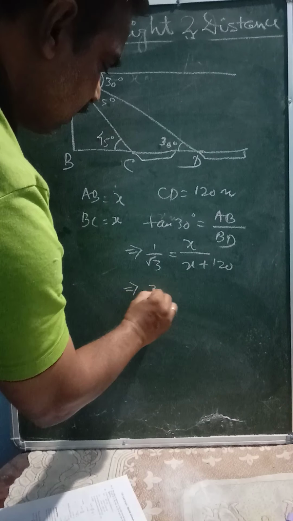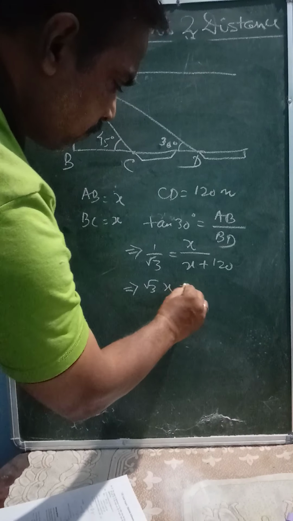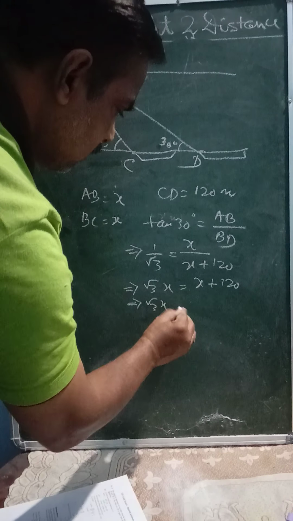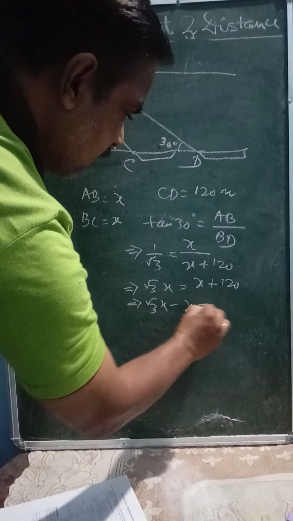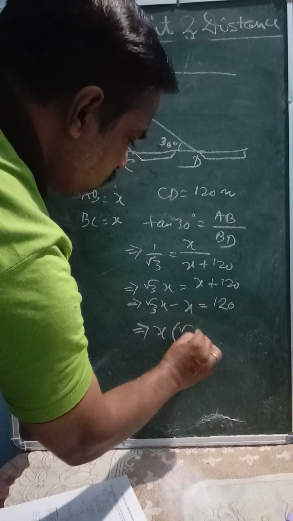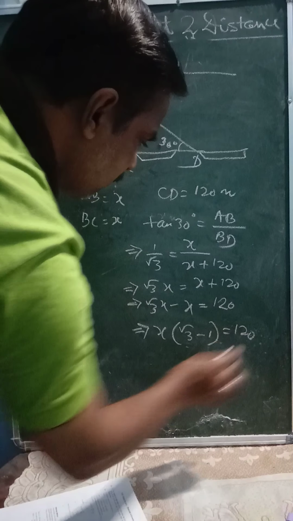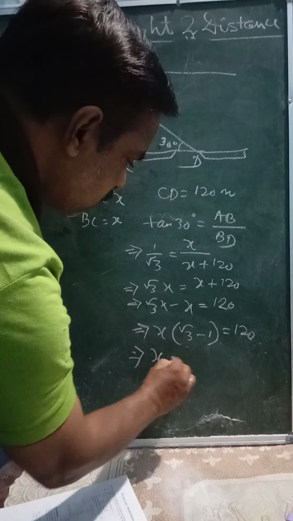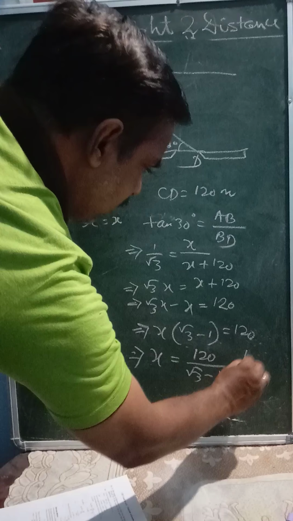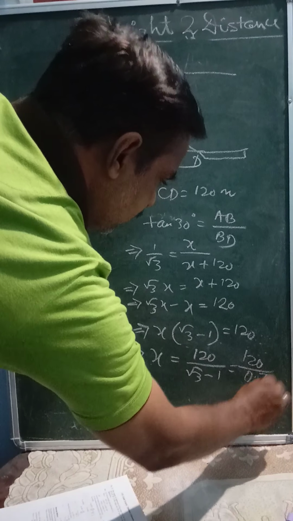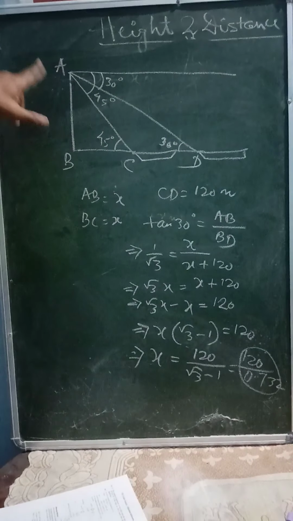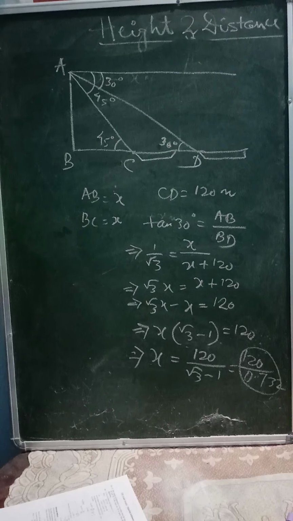So root 3 x equals x plus 120 by cross multiplying, which implies root 3 x minus x equals 120. Taking x common, x times (root 3 minus 1) is equal to 120, so x equals 120 by (root 3 minus 1), equal to 120 by 0.732. So that will be our answer. This is the height of the lighthouse.